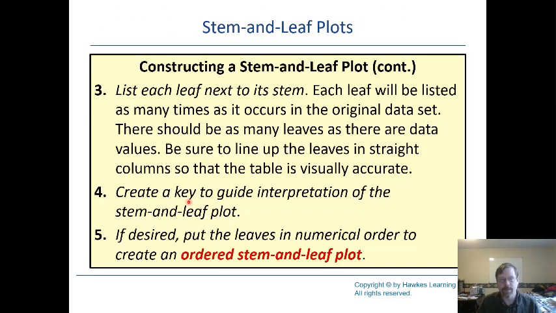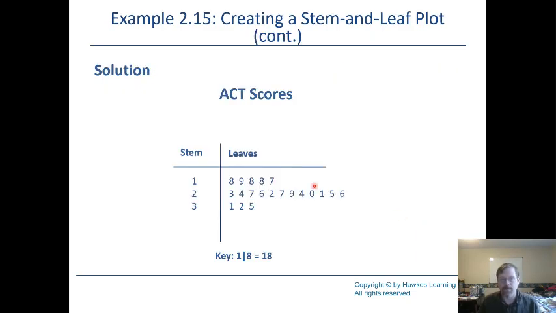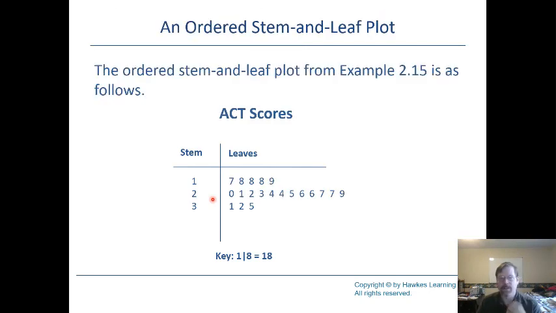If I look back at my values, I've got 18, 18, 19, 18, 17, so all of my original data is there, and I can extract it from the stem and leaf plot if I need to. But at the same time, I can visually see the histogram type distribution. If I took that and put it in order, like so, then we'd have a nice ordered stem and leaf plot.